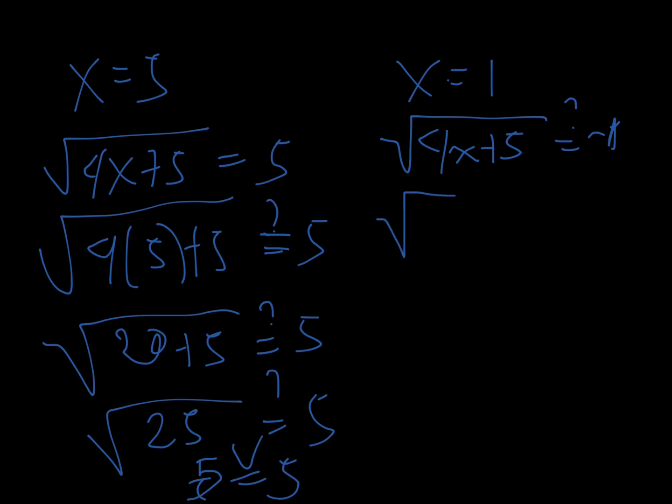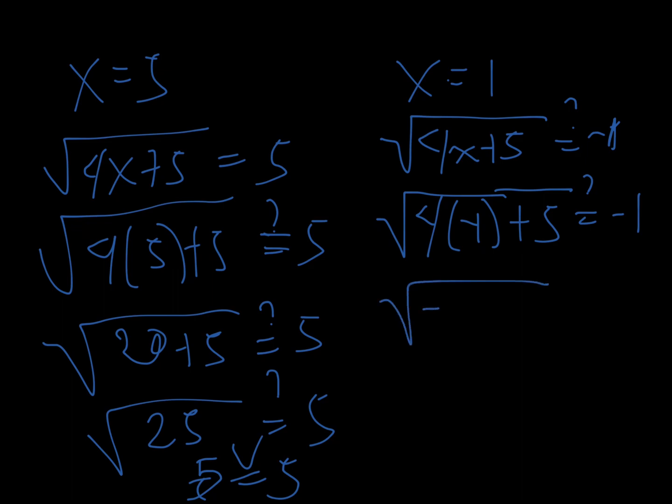So the square root of 4 times negative 1 plus 5 is equal to negative 1. Next, 4 times negative 1 is negative 4, plus 5 is the square root of 1, which is equal to negative 1.